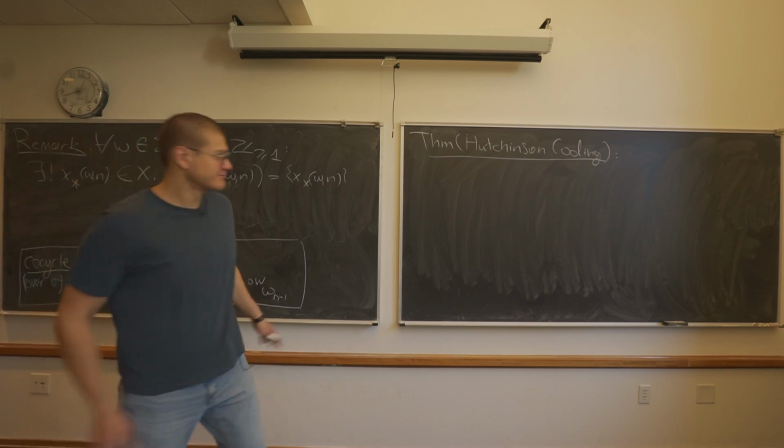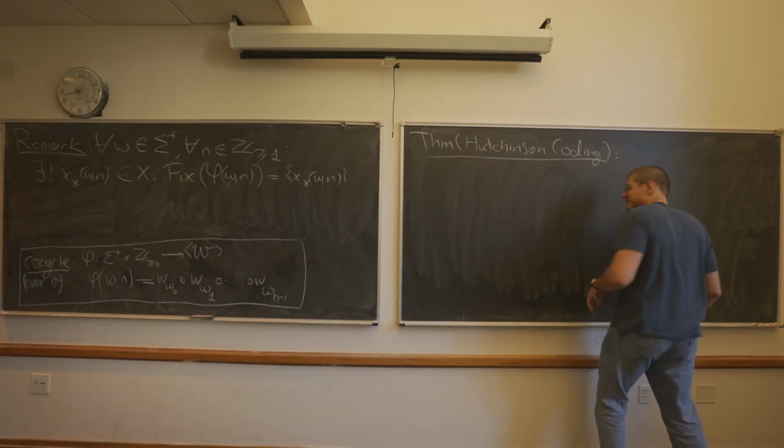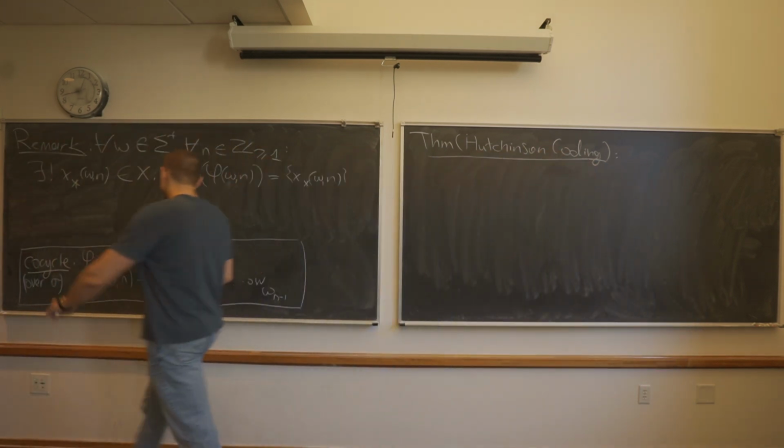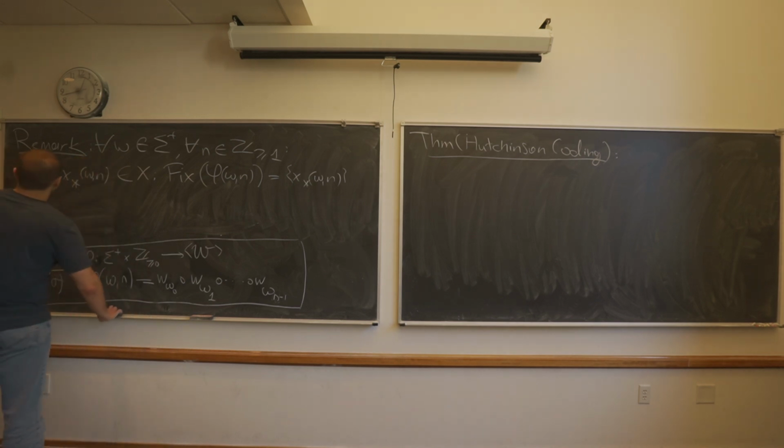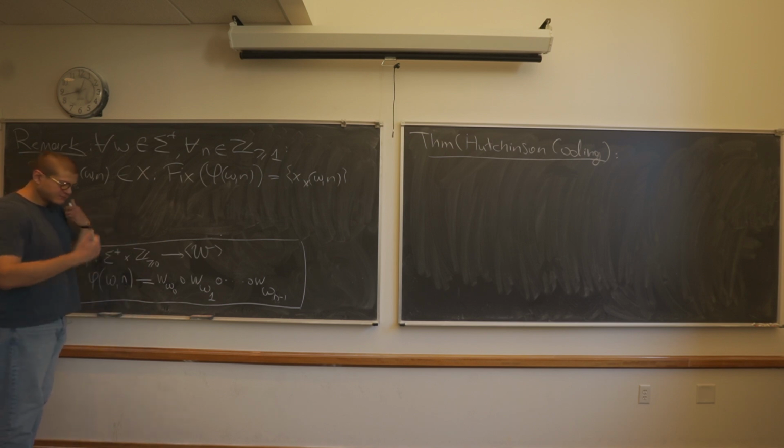oh, sorry. Before this, let's verify that this does have the cocycle property. So I want something like this. I want to have the sum of two integers here, and I want to be able to split that sum.